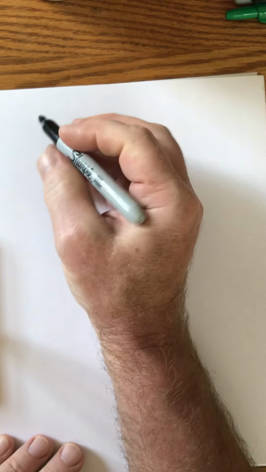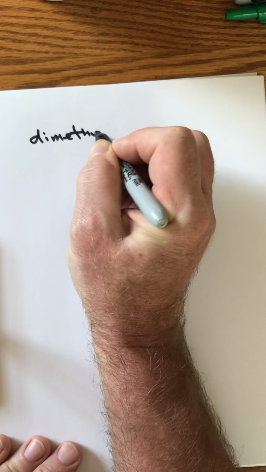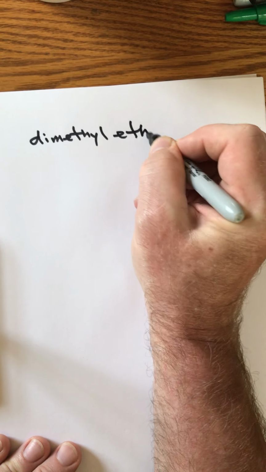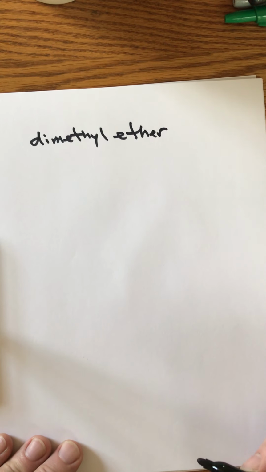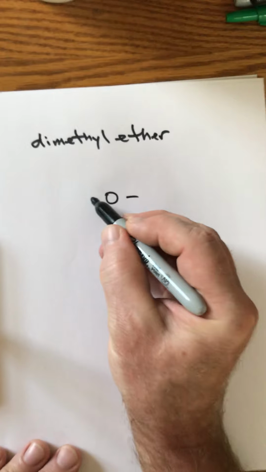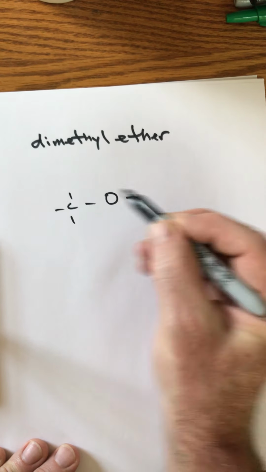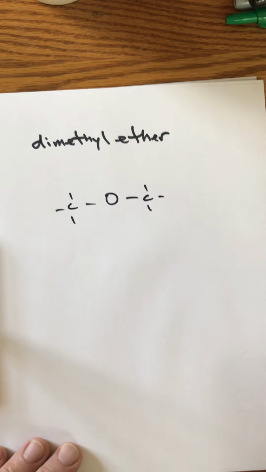So if I were to give you, for example, dimethyl ether, sounds so violent. Start with the ether. Do this. Dimethyl. Well, you have two methyl groups. Oh yeah, you've got a methyl here and a methyl there. See, not too hard.